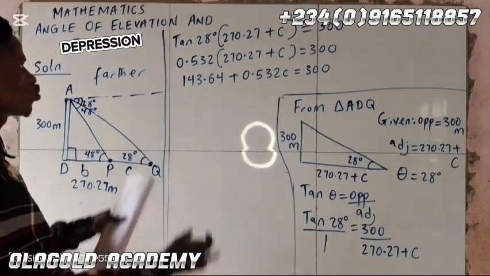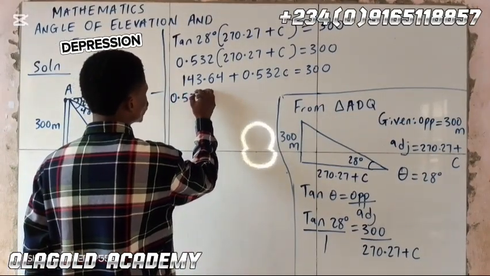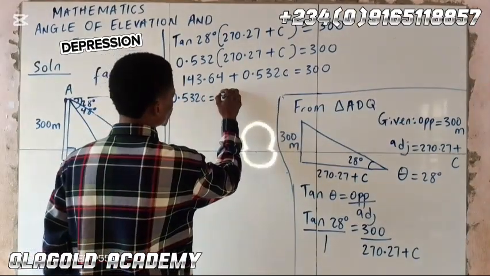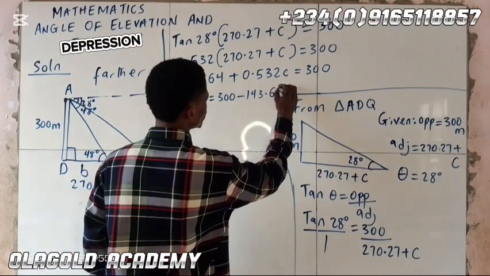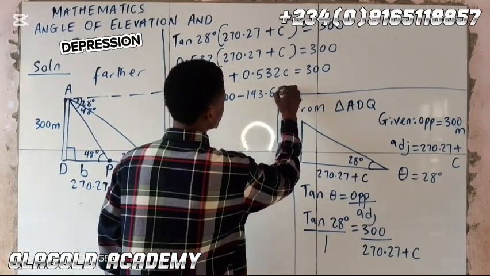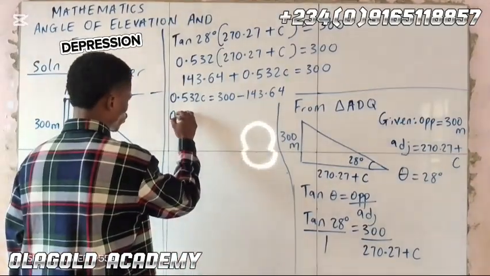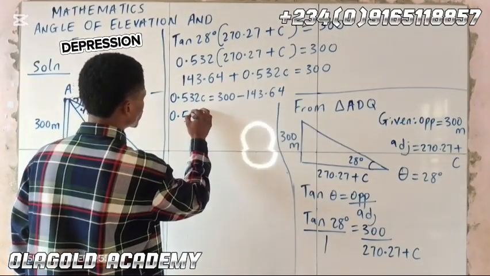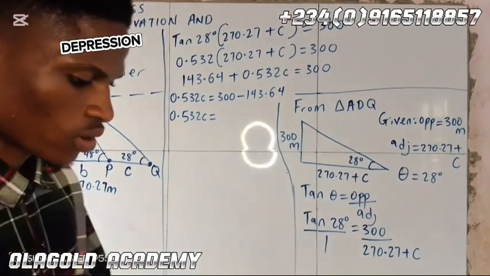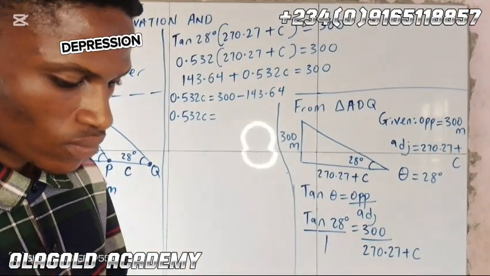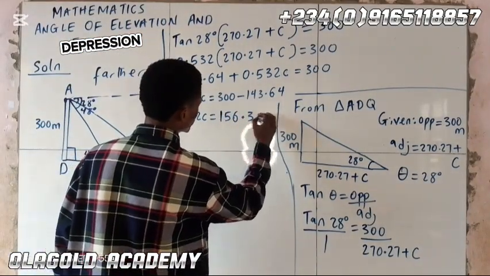My next task is to collect like terms. So 0.532c equal to 300 minus 143.64. Subtracting, I get 156.36.